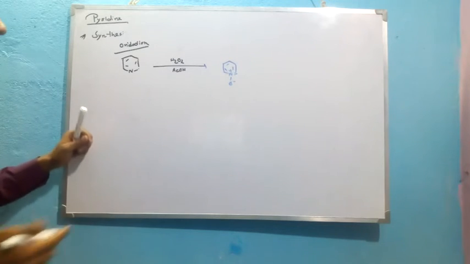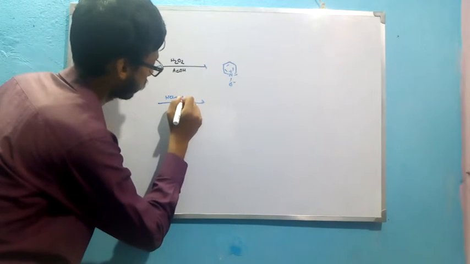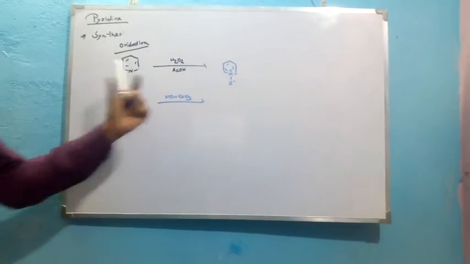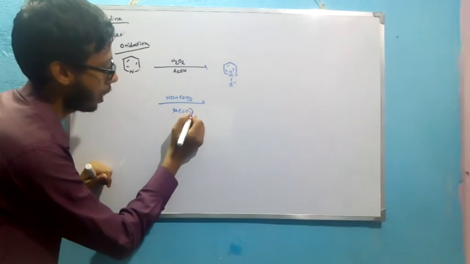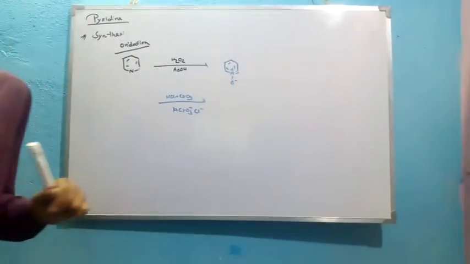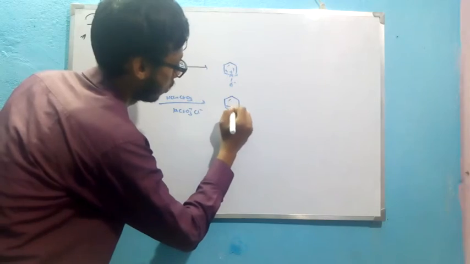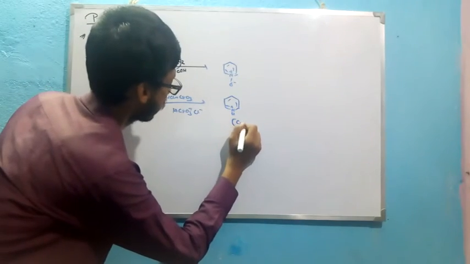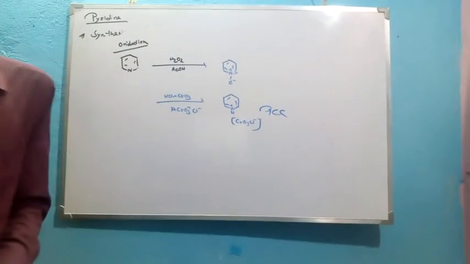Okay, so when pyridine is oxidized with chromium trioxide and HCl, HCl plus CrO3, it forms HCrO3 plus Cl minus, and this oxidizes pyridine and produces a pyridinium ion, NH plus, so that is the pyridinium CrO3 Cl minus, and this is known as PCC or pyridinium chlorochromate.